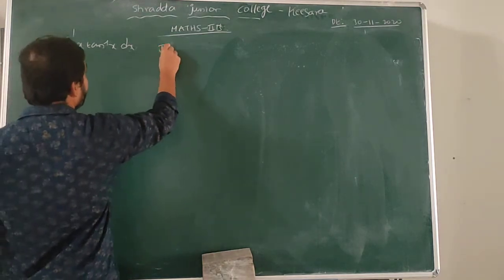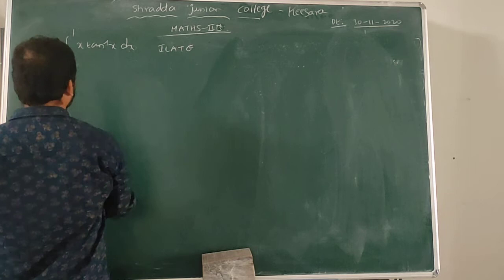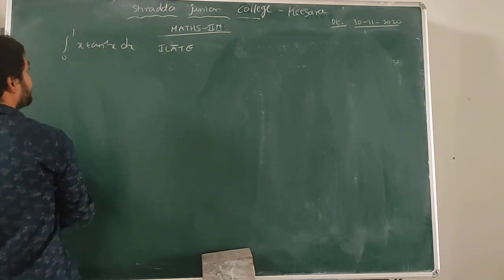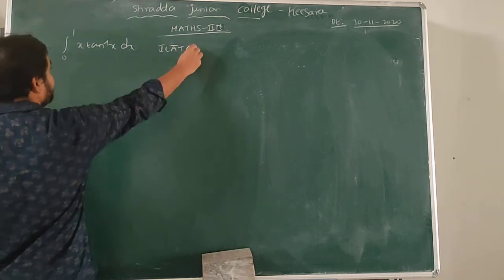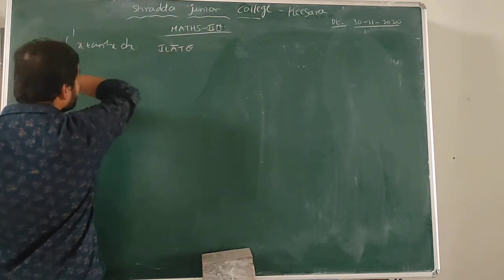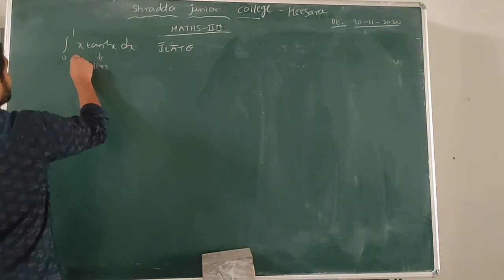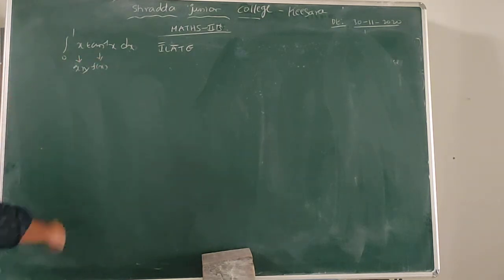See here we are using ILATE. Now here x is called what? That is an algebraic function. What is tan inverse x? That is an inverse function. You take this as f of x and this as g of x. Apply integration by parts.